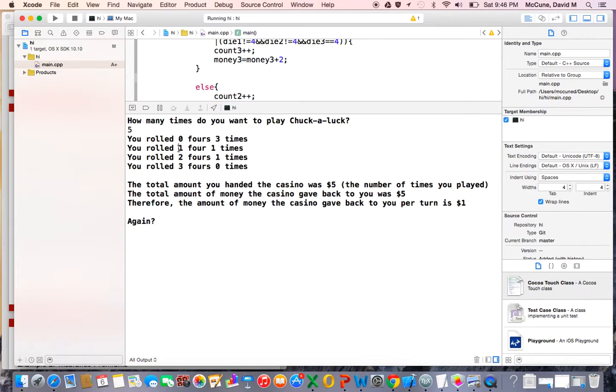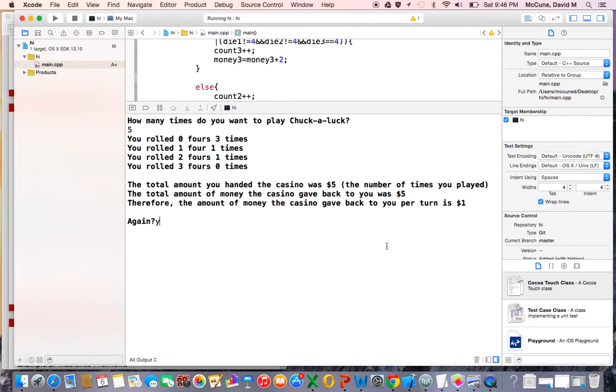So when you rolled this 1 four, they gave you $2 back. When you rolled 2 fours, they gave you $3 back. Therefore, the amount of money the casino gave back to you per turn is $1. So these $5 divided by these 5 turns, right? The amount of money I got divided by the number of times I played was $1.